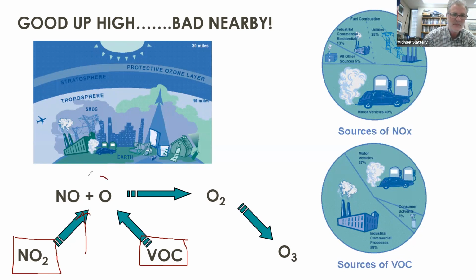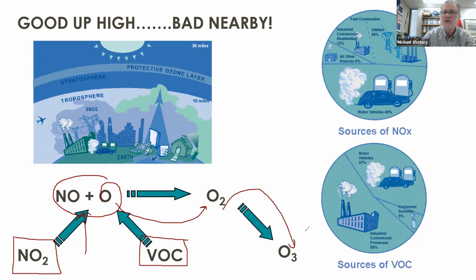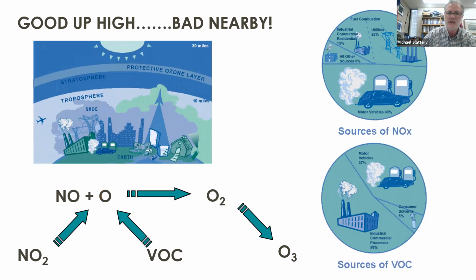Sunlight then breaks them down, releasing the oxygen, which forms with O2 to form low-level tropospheric ozone. Does that make sense to everybody? Human-made pollutant. You have to emit these first and then have sunlight interact with it to then produce low-level O3, right? Which is why it's a human-made pollutant.